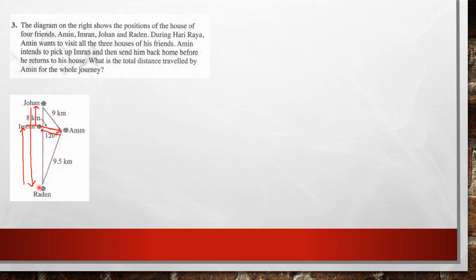So how can we use this triangle? You know the length of this side is 9. Here is 9.5 and the angle is 120. So you use the cosine rule.